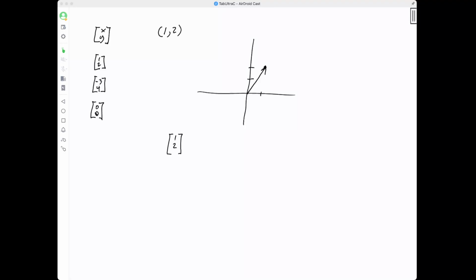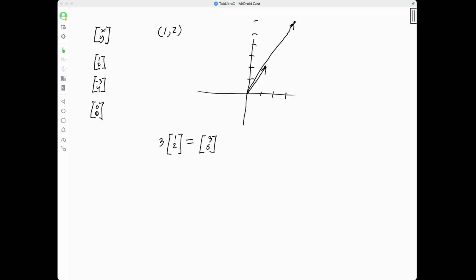If I multiply that by a constant, say I multiply that by 3, the scalar 3 times the vector 1, 2 gives me the vector 3, 6. And the vector 3, 6 is the vector that points in the same direction but is 3 times longer.